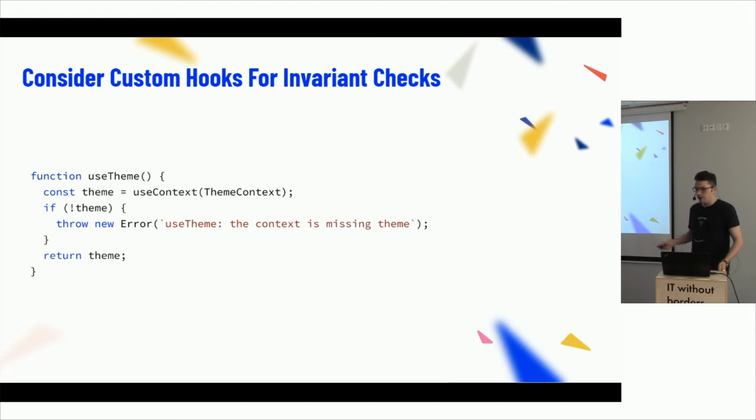And here, there's a simple useTheme hook, and we use this theme context from the very first example. But we would like to make sure that the user is actually provided this context further in the tree of components, and the context is there for sure. When you decide to consume the useTheme hook, you don't have to care about it at each step.